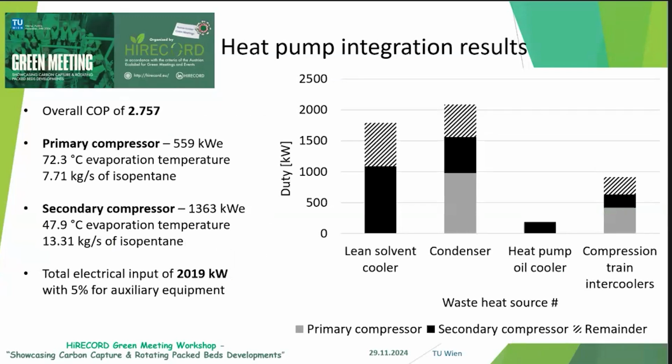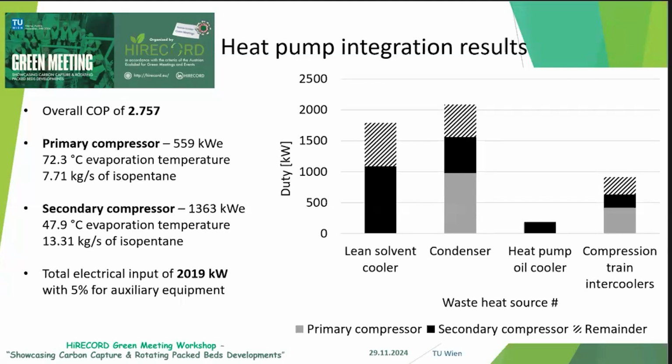So then onto the results. In the end, I managed to reach a coefficient of performance of 2.757. This is distributed over two compressors which operate in parallel. The primary compressor operates at quite a high evaporation temperature, and the secondary compressor operates at a much lower evaporation temperature. What I do is split each of the available waste heat sources into several temperature levels.